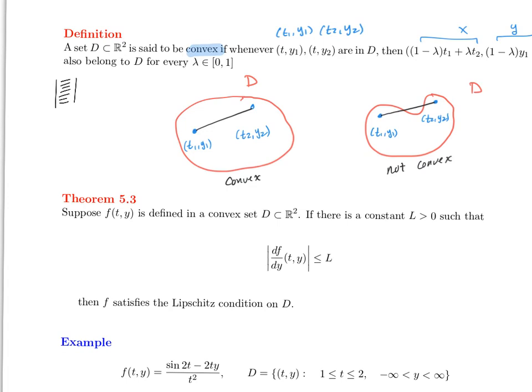Suppose that f of t, y, remember that f of t, y is technically just the differential equation, is defined on a convex set. So we have a convex set.